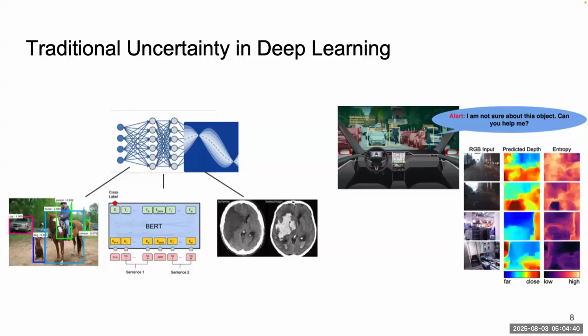One application for uncertainty quantification in deep learning models is autonomous driving vehicles. Think about when you are given this image. One task in autonomous driving is to predict the depth of the objects relative to your observation point, right?